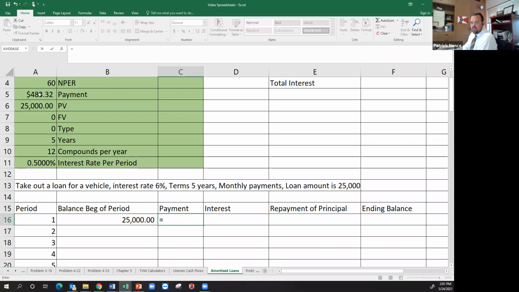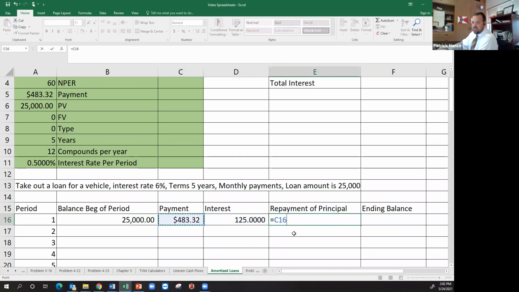How much of that is interest, I can calculate by taking the balance before my payment times the interest rate per period, which is 125. So 125 of this 483 is interest. The rest of it is principal.